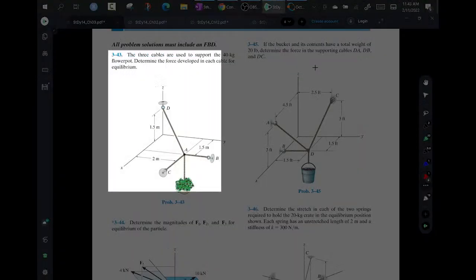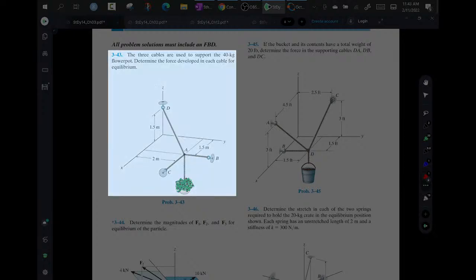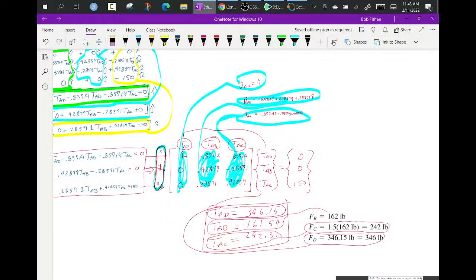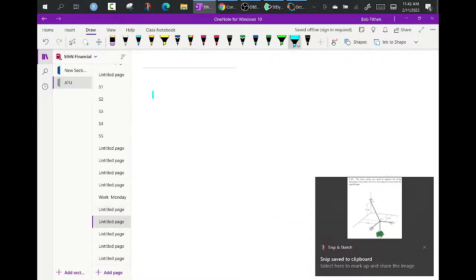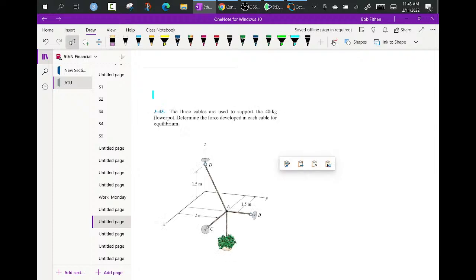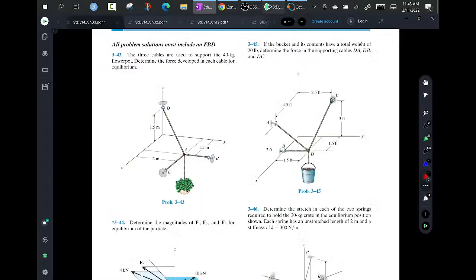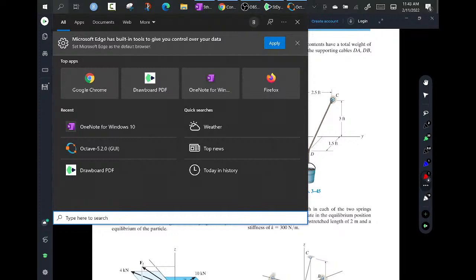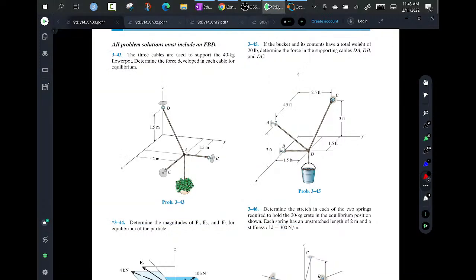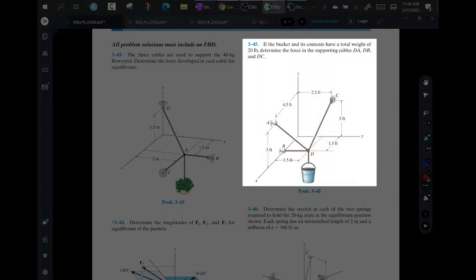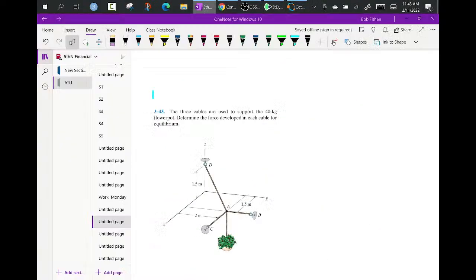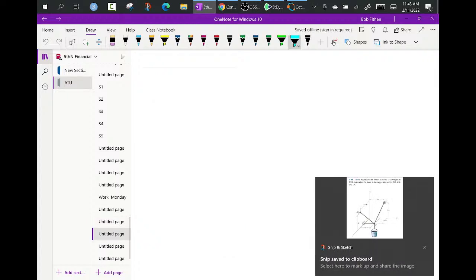And grab this one and work this one and run this one, now that we have our new technique. And then what I'll do is I'll grab this one. I'll work it on Monday as well.